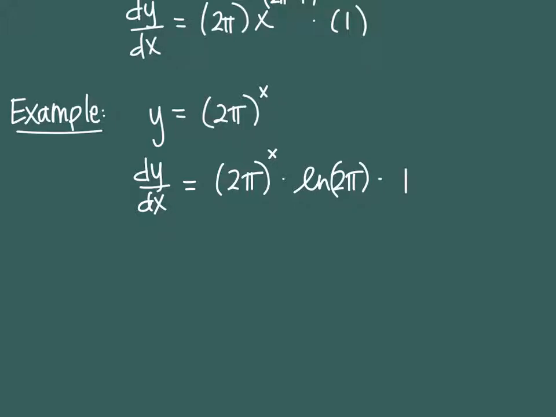And so the answers do look different in derivatives. You have to make sure you're using the right derivative rule. And so you'd probably want to write this as the natural log of 2 pi in the front, and then multiplied by the quantity 2 pi to the x. That would probably be technically the right order to put that in.